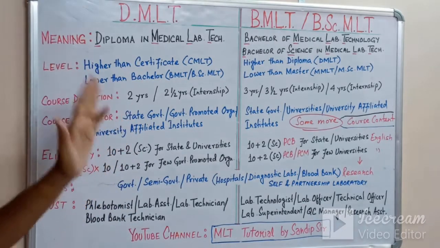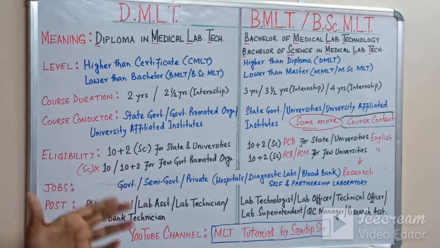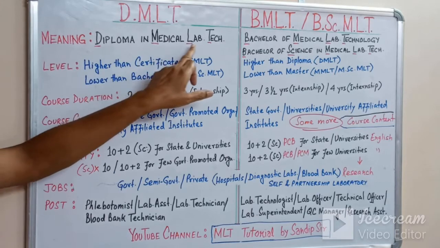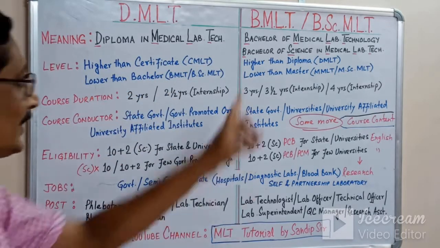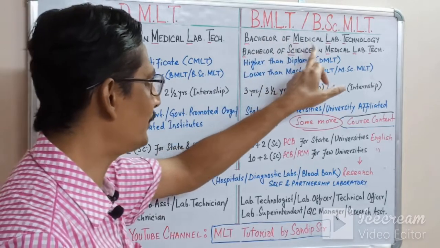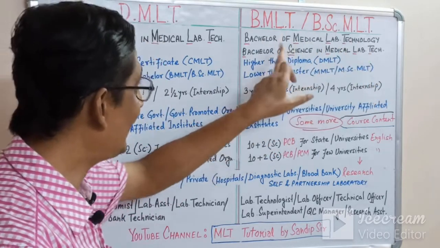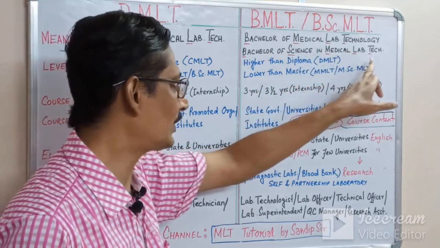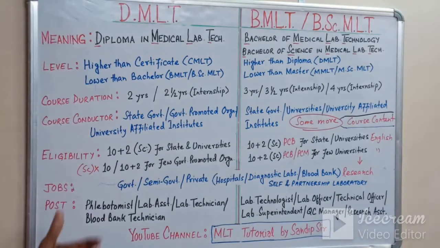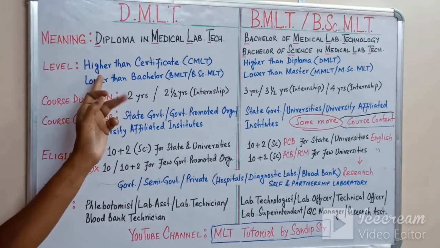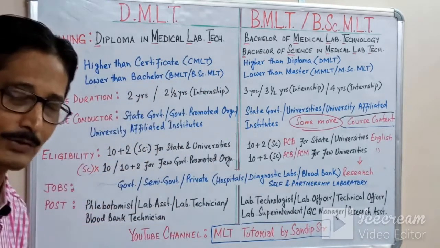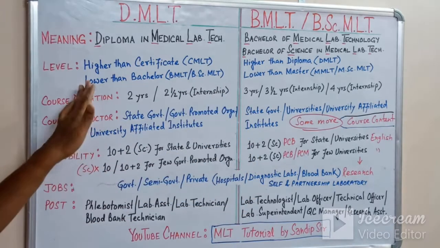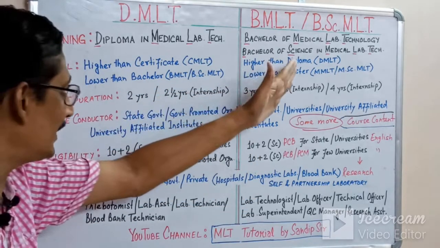First of all, what do these stand for? DMLT stands for Diploma in Medical Laboratory Technology, whereas BMLT stands for Bachelor of Medical Laboratory Technology, and BSc MLT stands for Bachelor of Science degree in Medical Laboratory Technology. So which is higher? Obviously DMLT is higher than the certificate course, that is CMLT, Certificate in Medical Laboratory Technology, and lower than the bachelor degree, that is BMLT or BSc MLT.